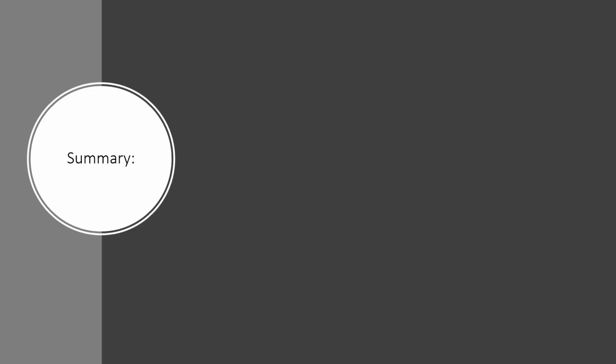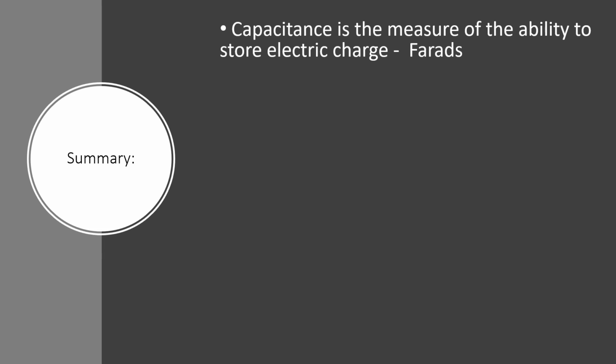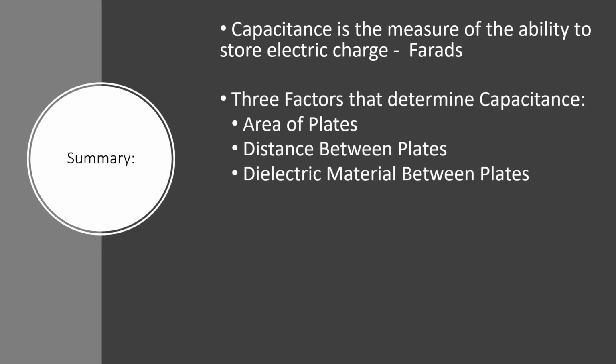So let's recap, shall we? Capacitance is the measure of the ability to store electric charge. We measure capacitance in farads. There are three main factors that determine capacitance. It's the area of the plates, where the more area we have, the more capacity we have.